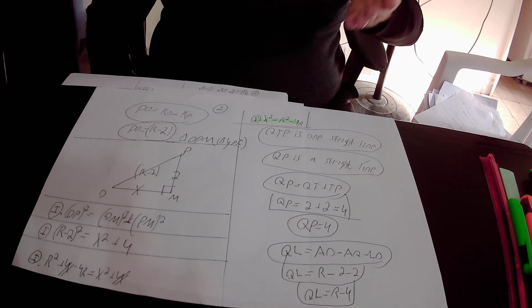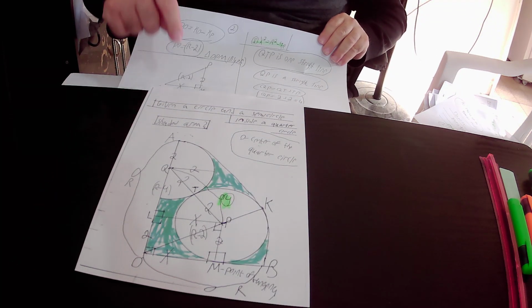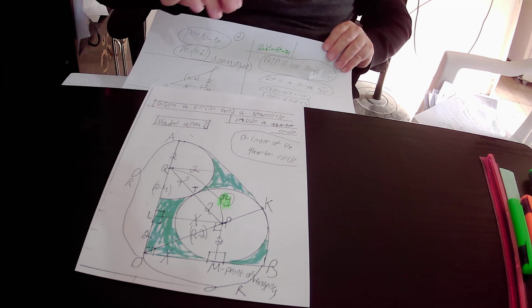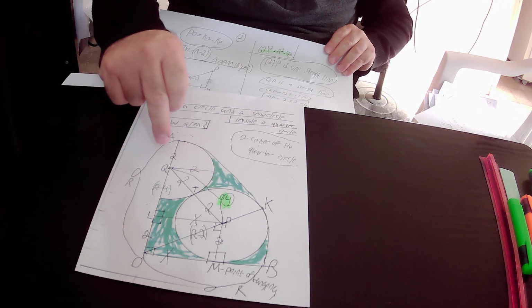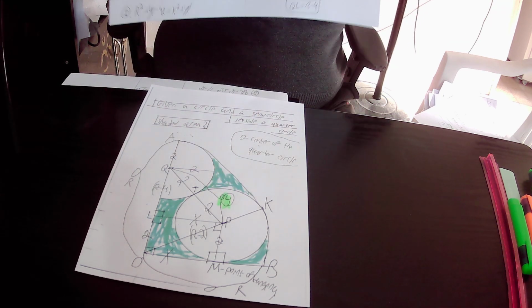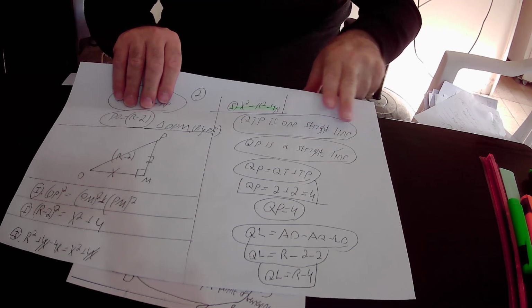Or we can also say, in other words, that points Q, T, and P are all located on the same straight line. So if QTP is a straight line, it means that QP is also a straight line.